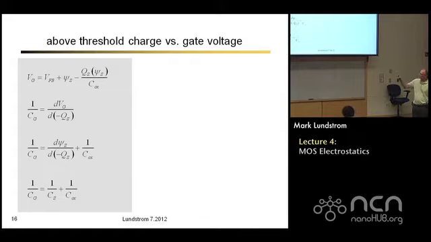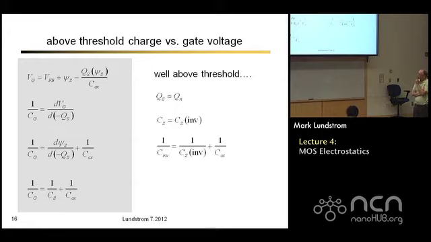So 1 over the gate capacitance is 1 over the semiconductor capacitance plus 1 over the oxide capacitance. Well above threshold, all of the charge is mobile charge, and that means the semiconductor capacitance is the capacitance of the semiconductor in inversion.